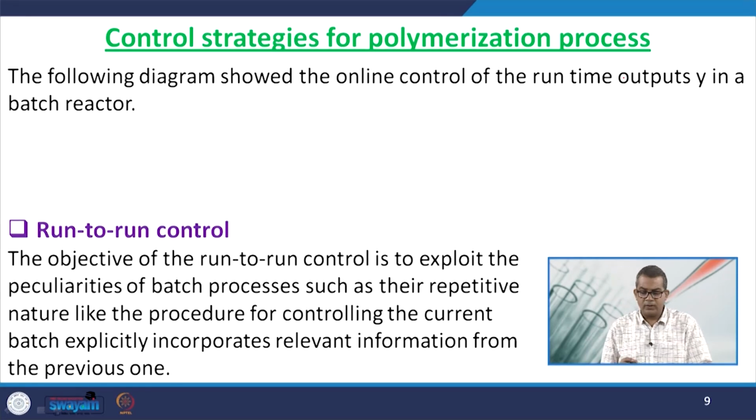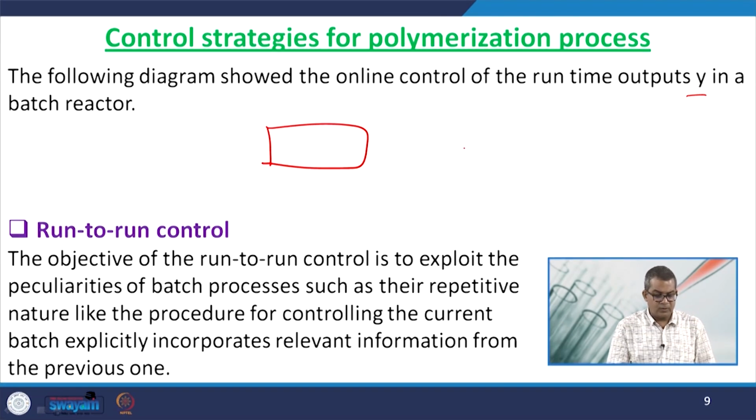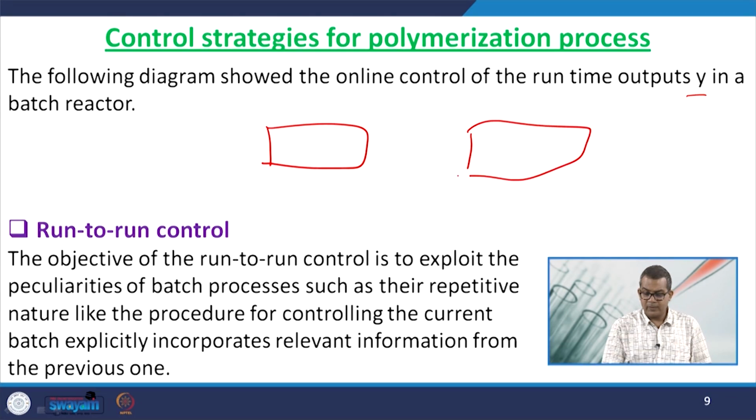That is, you need to look into the measurement system and other devices, so that you can put more effort into the control of the molecular weight distribution. Now, here you can see the online control of the runtime output Y in a batch reactor. Usually it has a small flow diagram.